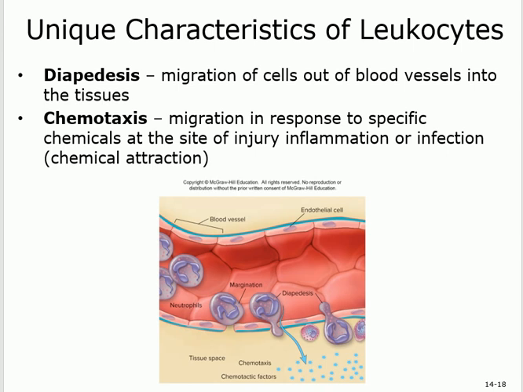Leukocytes, the white blood cells, have some unique characteristics that you need to remember. Diapedesis and chemotaxis. Dia means a lot, multiple. Pedesis, like pedal, foot.